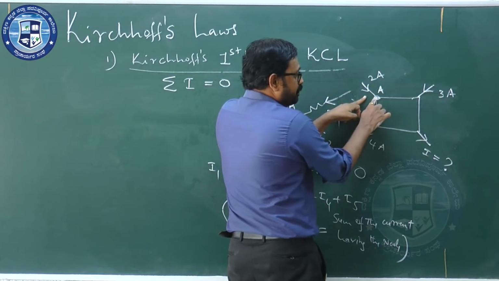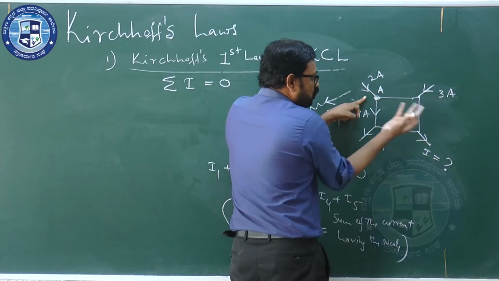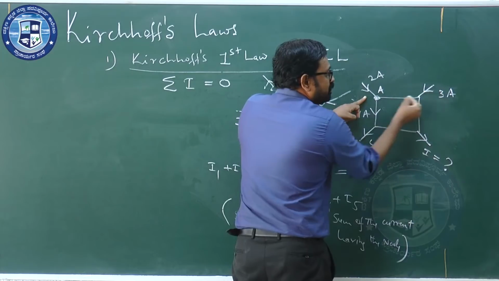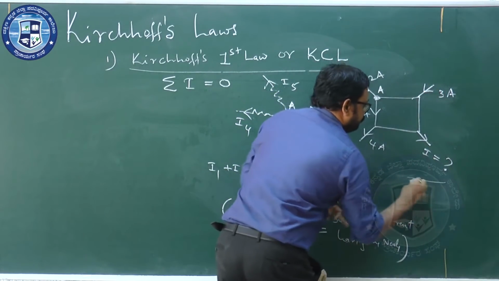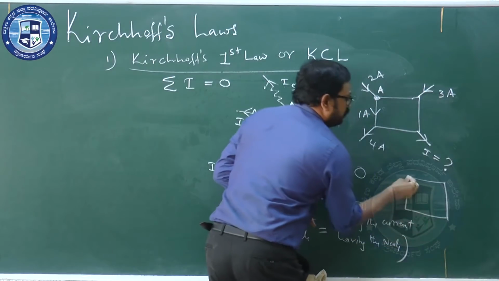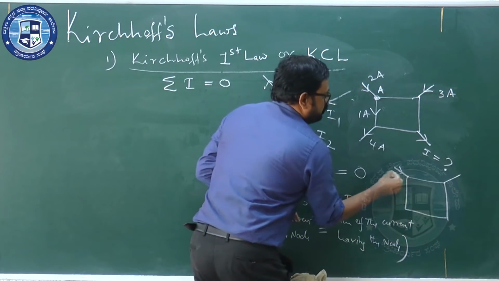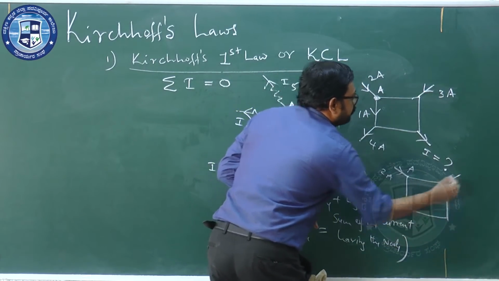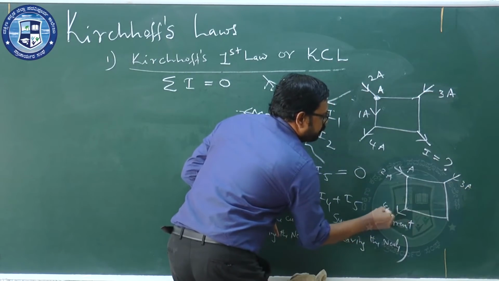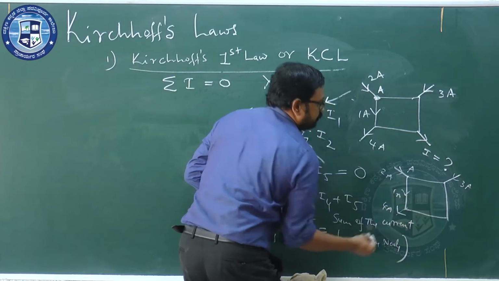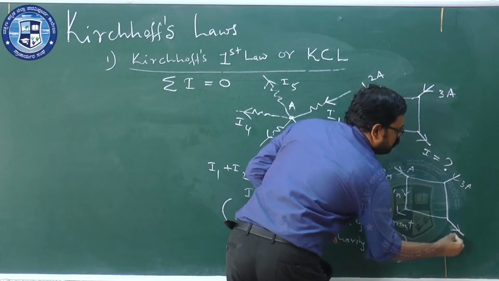Out of 2 ampere, 1 ampere is leaving this side means no other option, 1 ampere should flow in this part. So I can redraw it. Problem is already there on the board. This is 2 ampere, this is A, this is 3 ampere, this is 4 ampere given already, and here they mentioned 1 ampere. Question is, what is I?